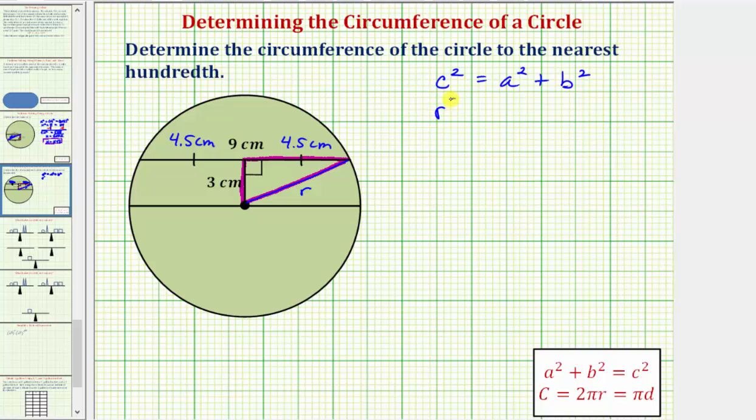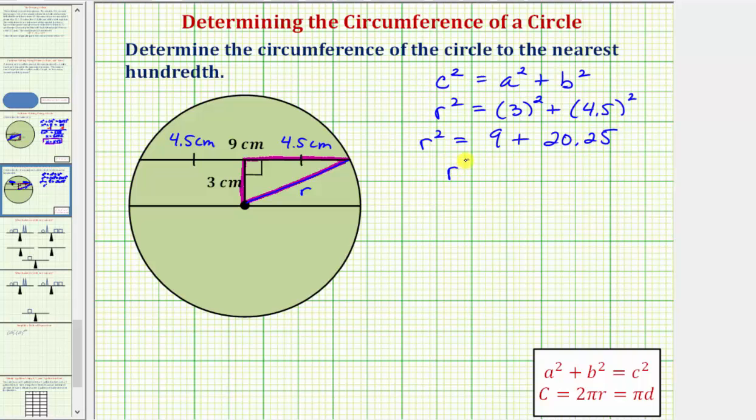So we'd have r squared equals a will be the leg that has a length of 3 centimeters. So we'd have 3 squared plus b will be the leg with a length of 4.5 centimeters. So we'd have 4.5 squared. So we have r squared equals 3 squared is 9 plus 4.5 squared is 20.25.